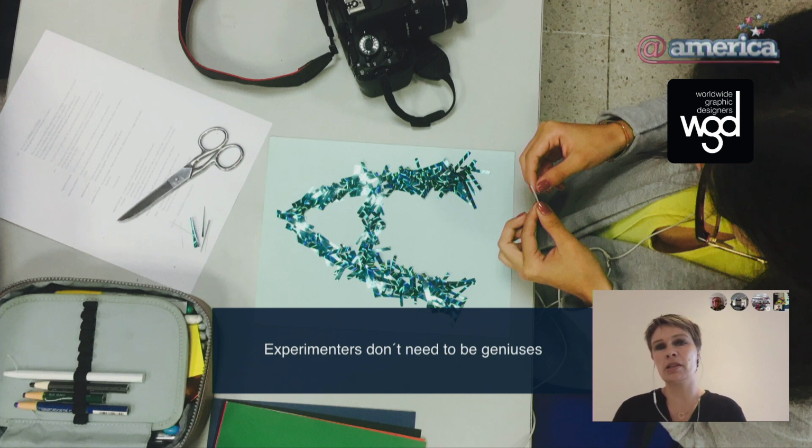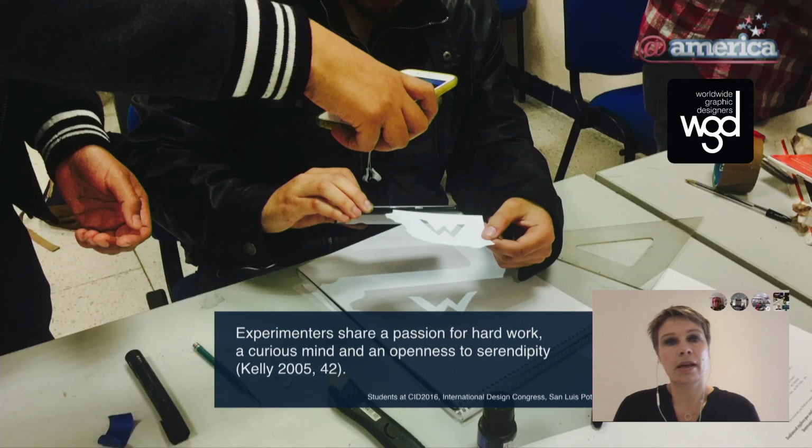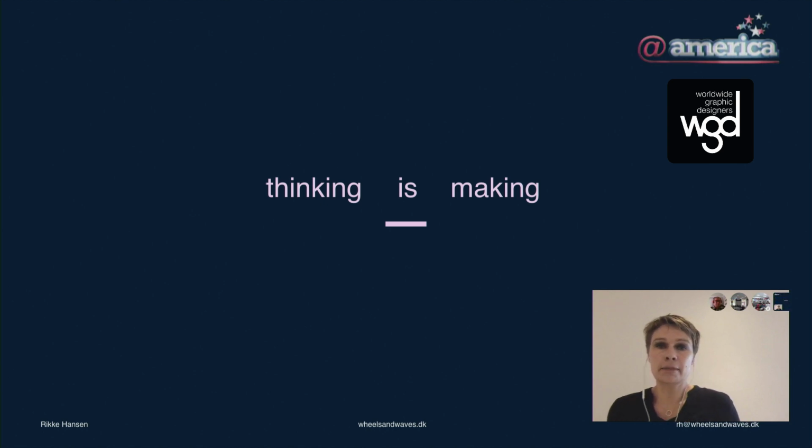No, it's not about being a genius. It's about being curious. It's very important to be curious. Experimenters share a passion for hard work, a curious mind, and an openness to serendipity. This is from a book written by David Kelley in 2005 about innovation.